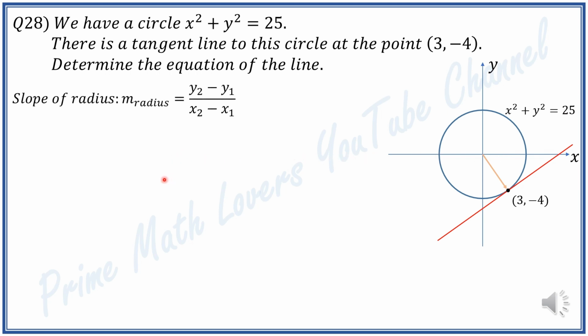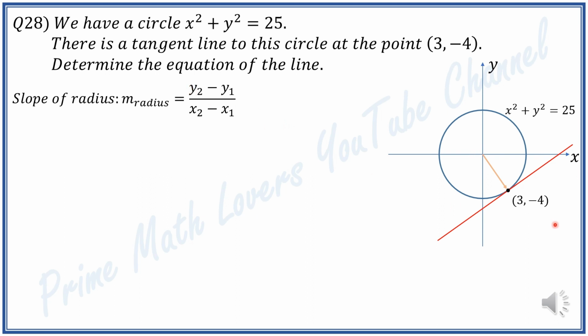First, we calculate the slope of this radius. For calculating the slope of any line, we need 2 points of that line. So one point is the tangency point, which is 3 and negative 4. And one point is the center of the circle, which is 0 and 0.